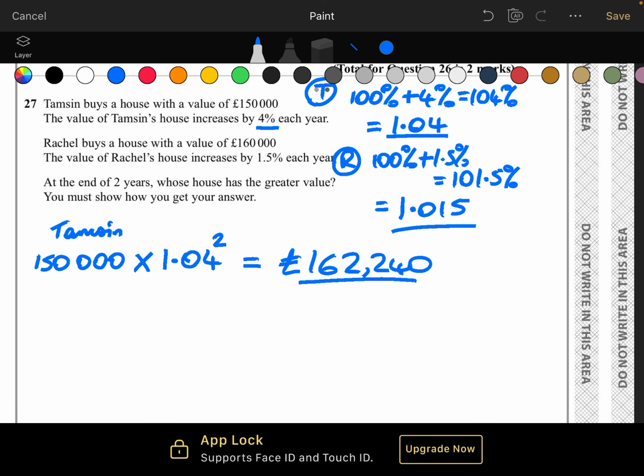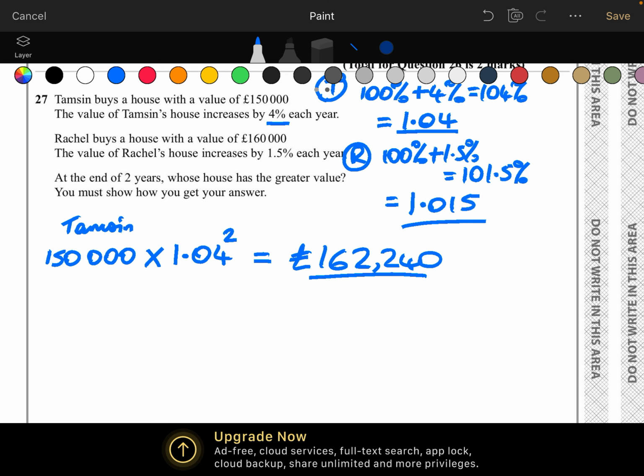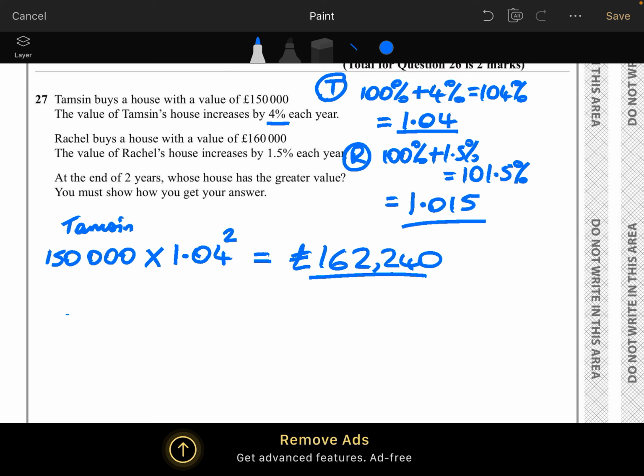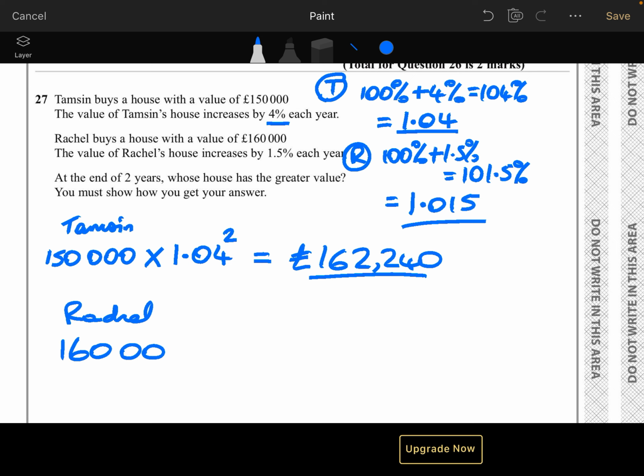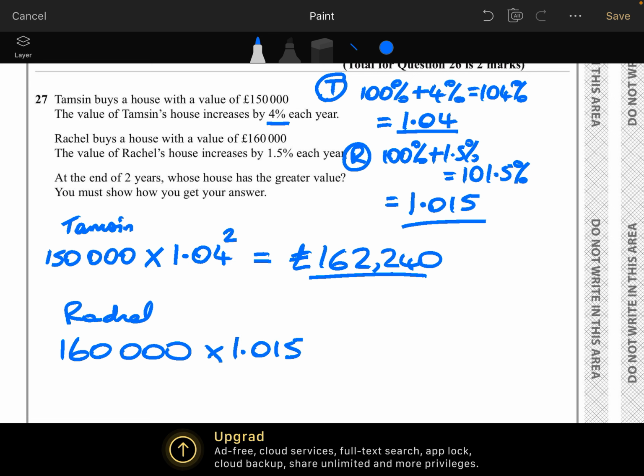And then for Rachel, we started off with a value of 160,000, and our multiplier was 1.015, and I need to do that for 2 years, so that's the power of 2 as well.